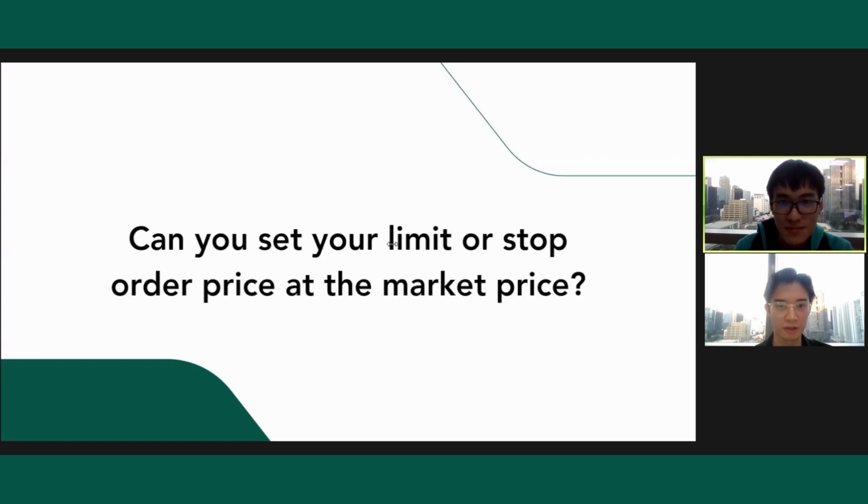There is also a stop limit order which only executes when it hits your trigger, so it's an added step. If you don't want to simply execute at the limit order, you can put a stop limit order, which will only execute if the price hits your trigger and then your limit price. All right, let's go to the next question.